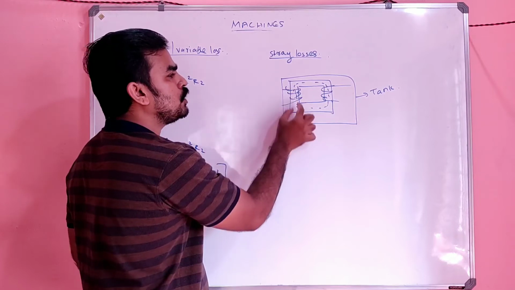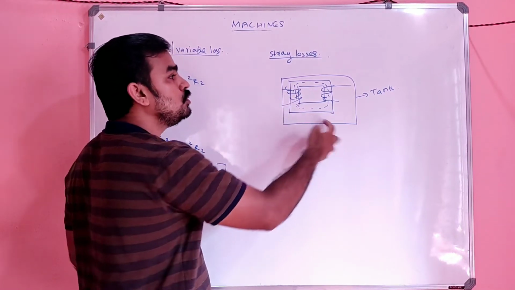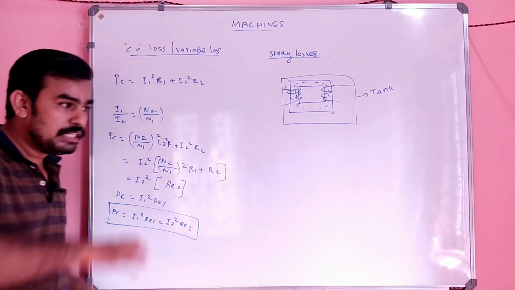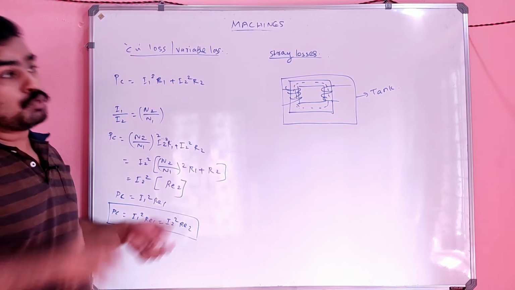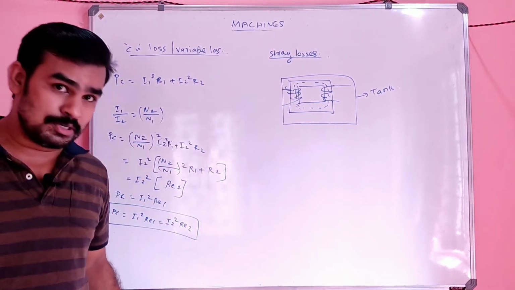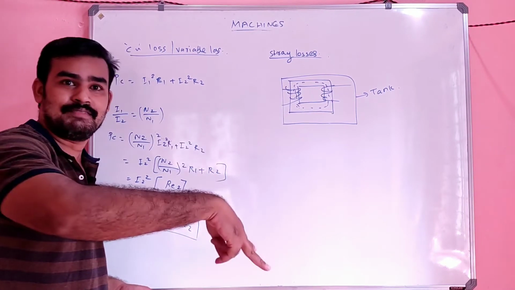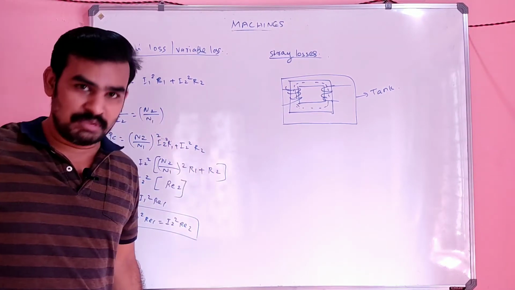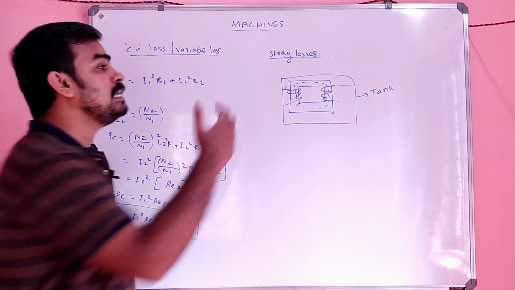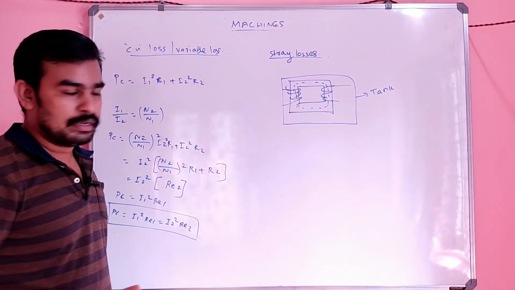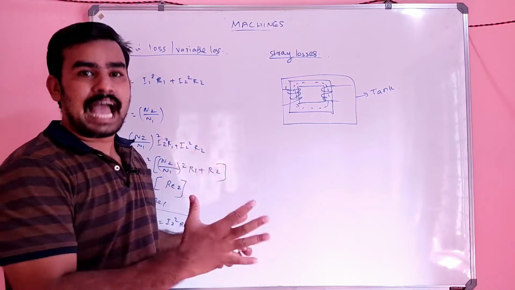A part of the flux may link to the tank also, to the outer covering also, to other conductors in the circuit also. It may be the connection wires or the external terminal, anything. Mainly it may link to the tank of the transformer.